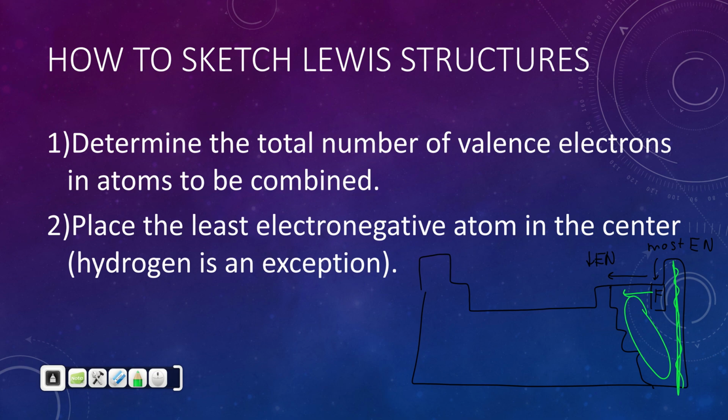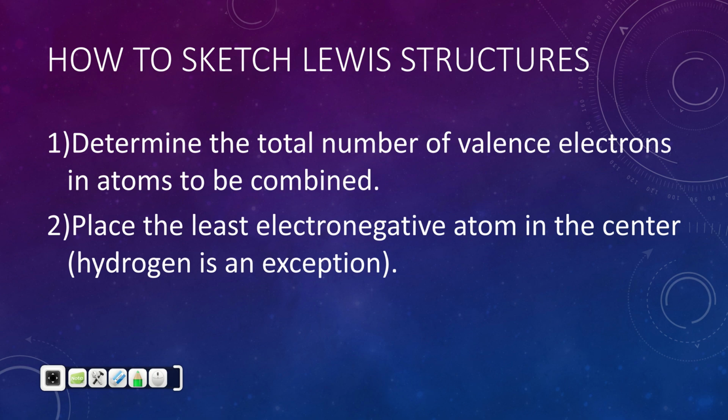Another way to think about this as well is usually the atom that needs the most valence electrons still to get to 8 will also be in the middle. So carbon, silicon, nitrogen, those elements are generally the ones in the middle, and they're found mainly over here on the left side.